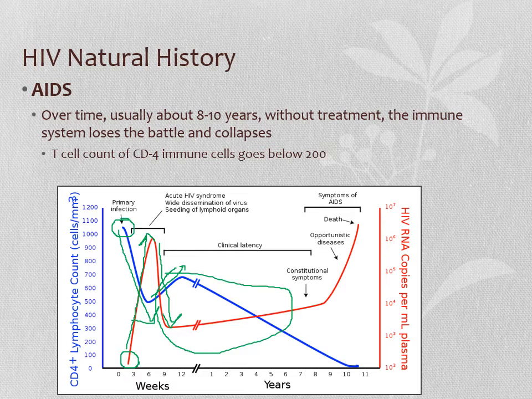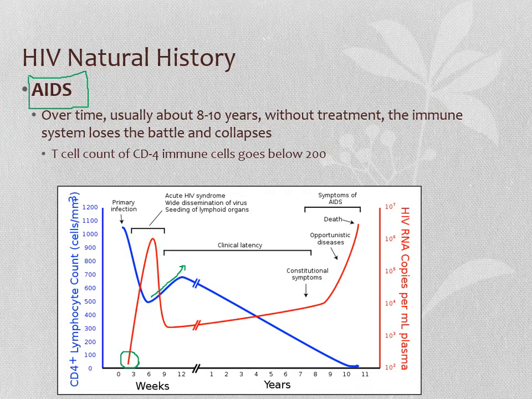So what happens then is you enter this 3rd phase, which is AIDS, acquired immune deficiency syndrome. As the virus starts to beat your immune system, let me clear that up so we can see a little bit more easily, the number of your immune cells falls significantly to levels that are so low that you start to feel sick because the virus starts to replicate more and more.